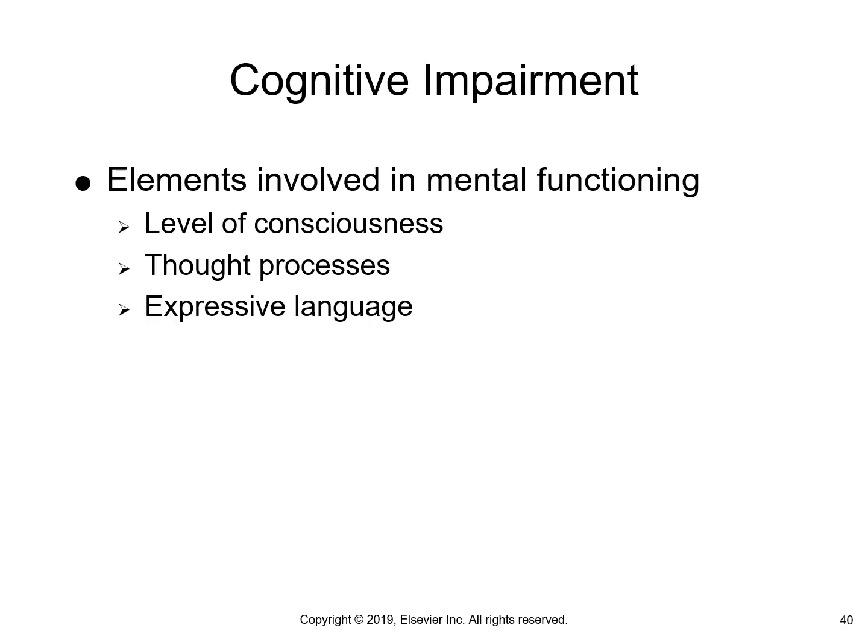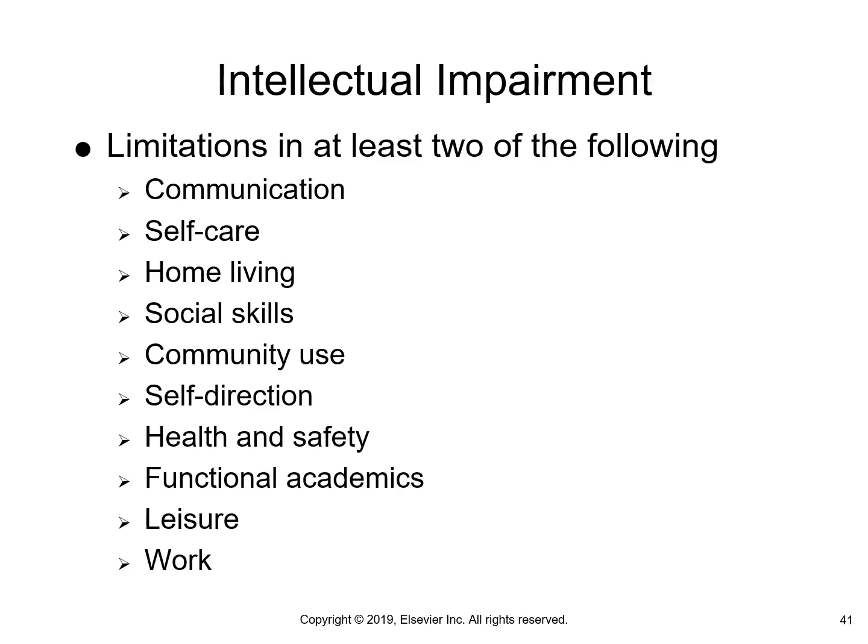Elements involved in mental functioning for cognitive impairment are your level of consciousness, your thought processes, and expressive language. Intellectual impairment, according to the American Association on Intellectual and Developmental Disabilities, the AAIDD, is an IQ below 70.